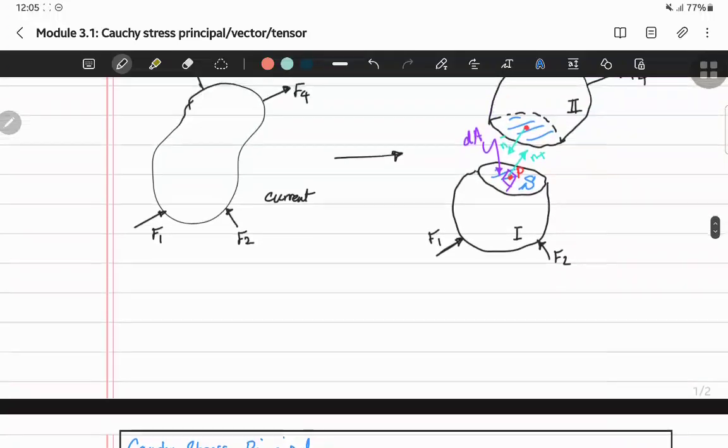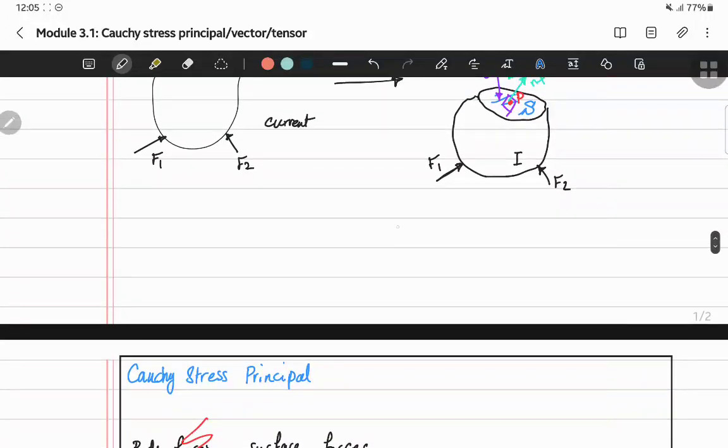So you have the point P, this is dA, and you have some resultant force, let's say in this direction.